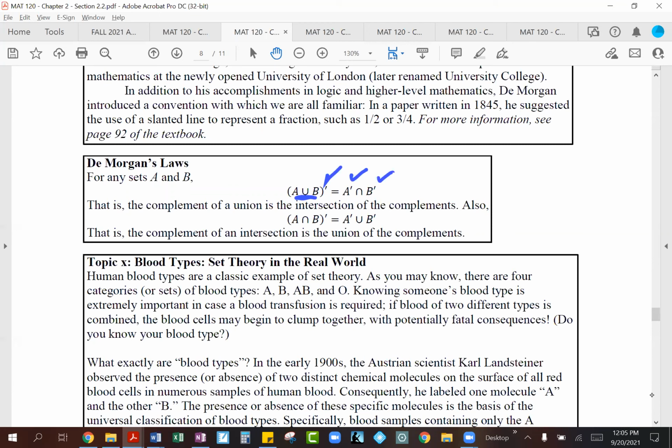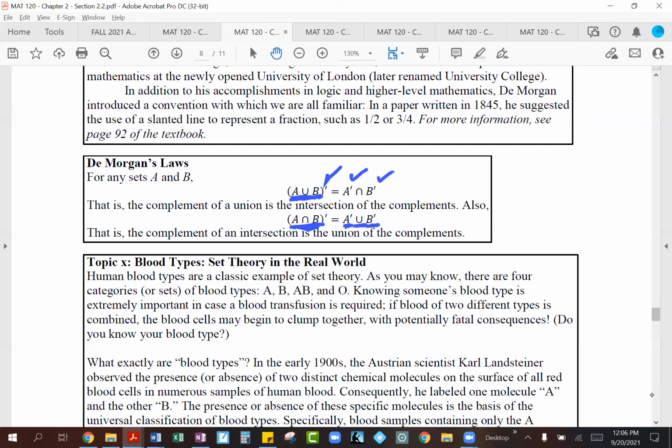So basically what happens is, if you're doing the complement of the union, you end up taking each individual set's complement, and the union changes to intersection. And if you use that same logic, when we are looking at the complement of an intersection between 2 sets, which is the second formula here, it ends up becoming the complement of each individual set, and the intersection changes to a union.